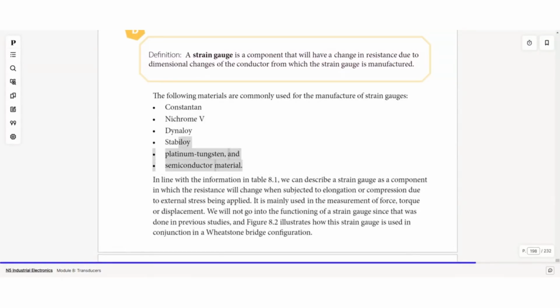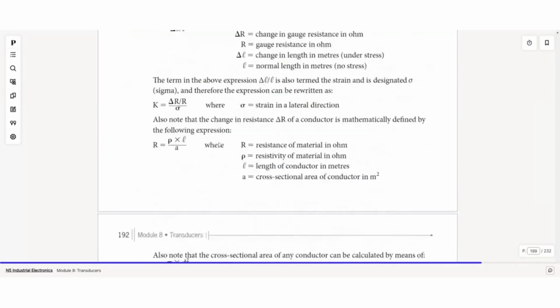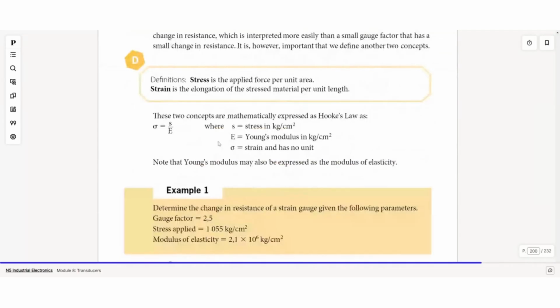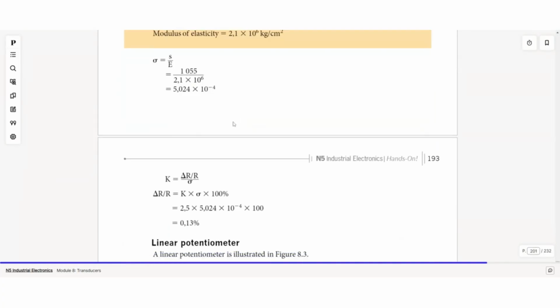Here are the materials. And then example 1 is pretty much a very typical question that you guys can expect on strain gauges.